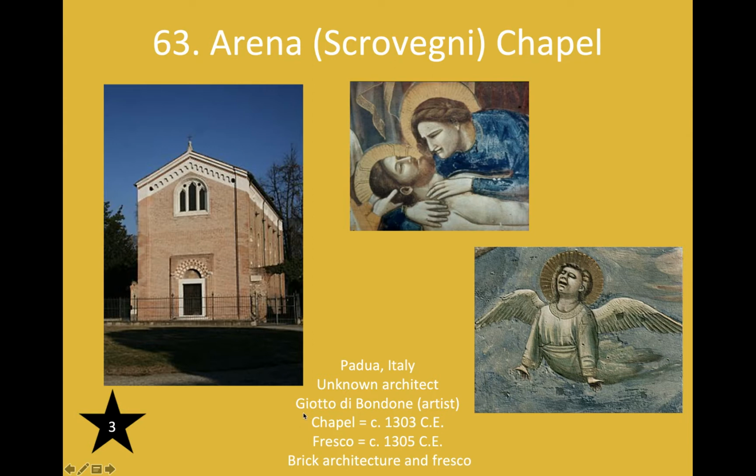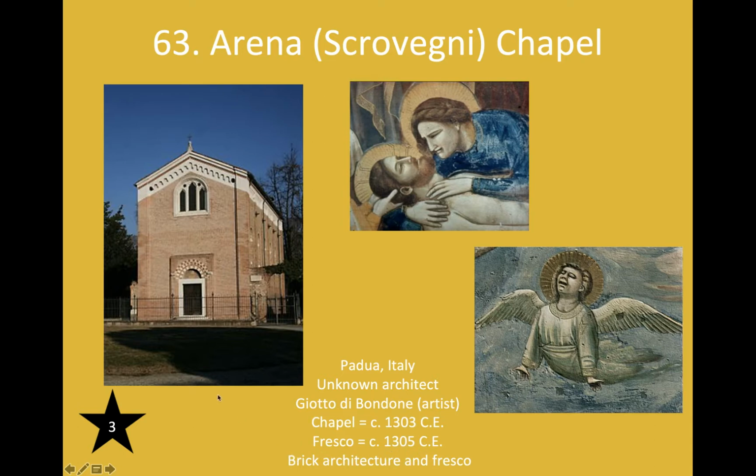The interior paintings, all of them were done by Giotto di Bondone, who is simply known as Giotto. That is what he is known as, and he is your artist. We know that the chapel dates to about 1303, and we know that the frescoes, the painting inside, date to once the chapel was built and Giotto came in and painted them, about 1305.